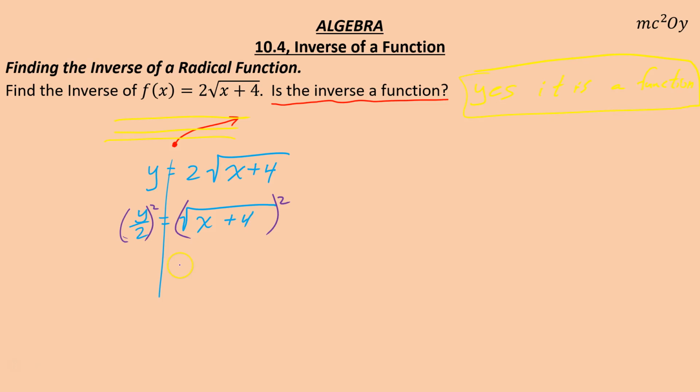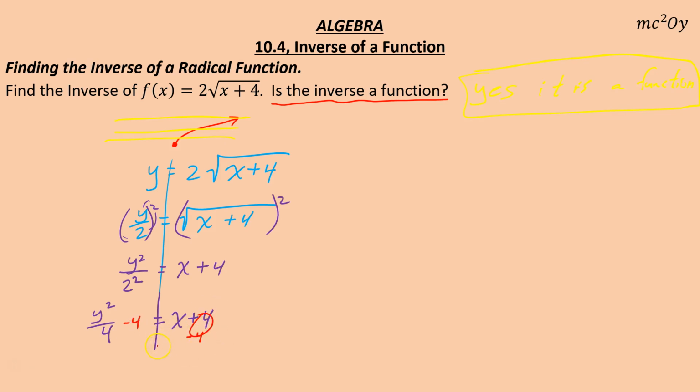Okay, so this is going to give me x plus 4 is equal to y squared over 2 squared, right? Well, y squared over 2 squared, I'll just call that y squared over 4, and that equals x plus 4. Next step, we're going to go ahead and subtract 4 from both sides.